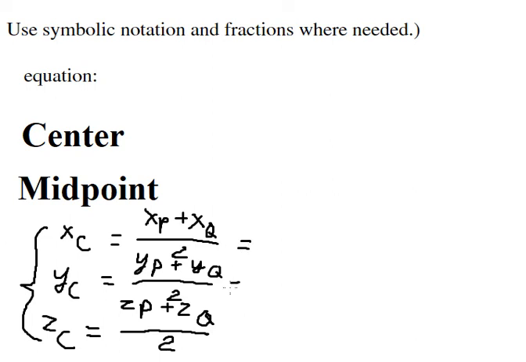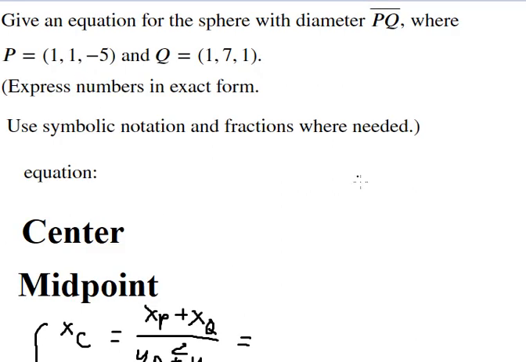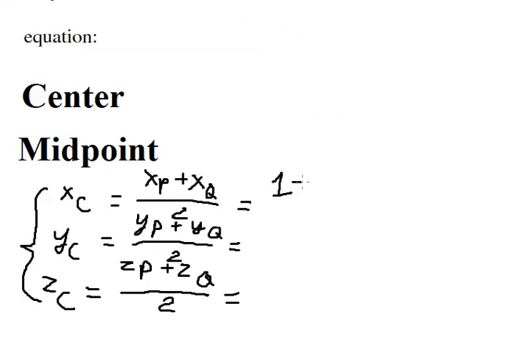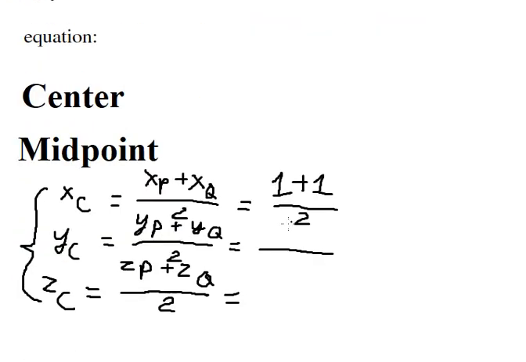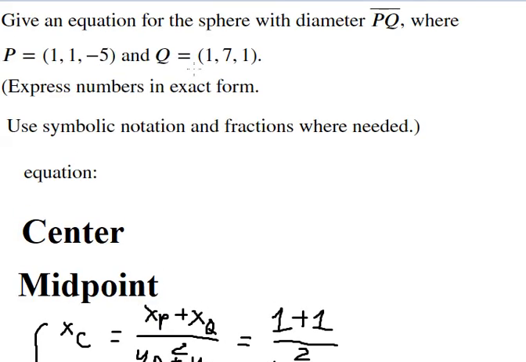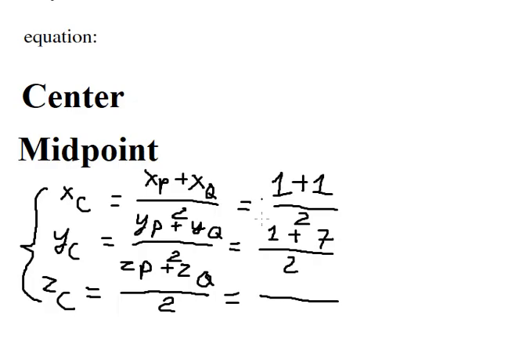So XB is 1, XQ is 1. For this one we have 1 and 7. For this one we have negative 5 and 1.